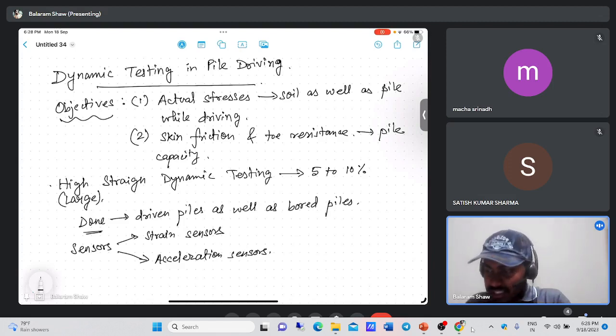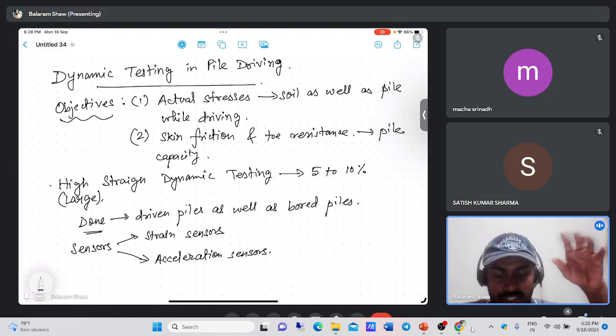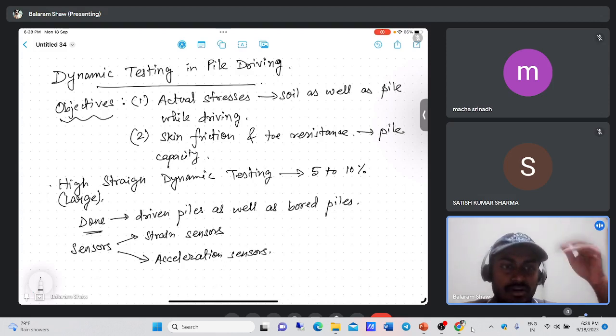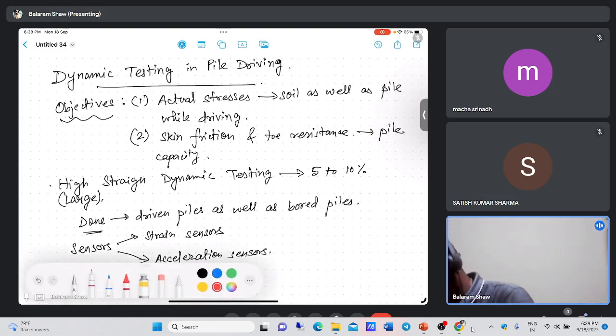The sensors will detect each impact in analog format, and then it will be transferred to the unit where the digital processing will be there, where the analog signals will be converted to digital signals to better understand or interpret the data properly. So what we are discussing right now is the high strain dynamic testing.